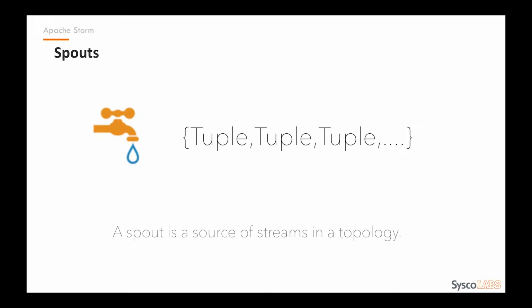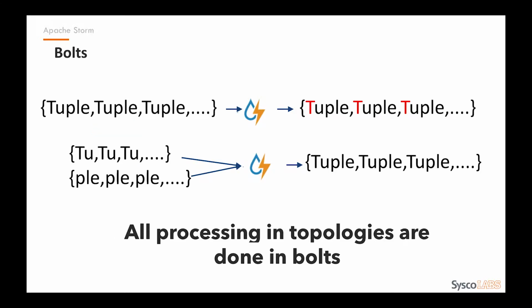Let's start with the spout, where we extract the data from a stream. This is the data source for all the topologies. Thereafter we have bolts, where we can do some kind of transformation. In the first example, we have shown that all the t's in these tuples are marked in red.